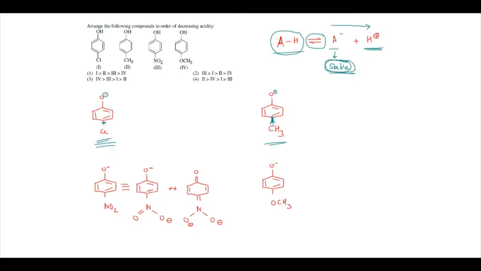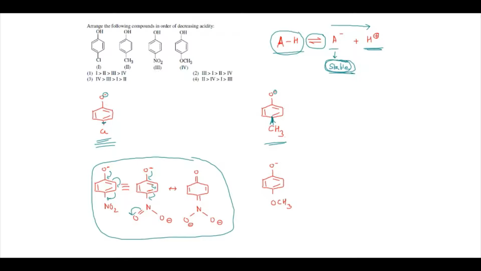Now, let us check the next compound, where the para position is substituted by the nitro group. Nitro group is very effective in delocalizing the negative charge, and that is by resonance. It will withdraw the negative charge from here to here to here to the oxygen atom. If you check in this structure, it will be easy, like this and like this.